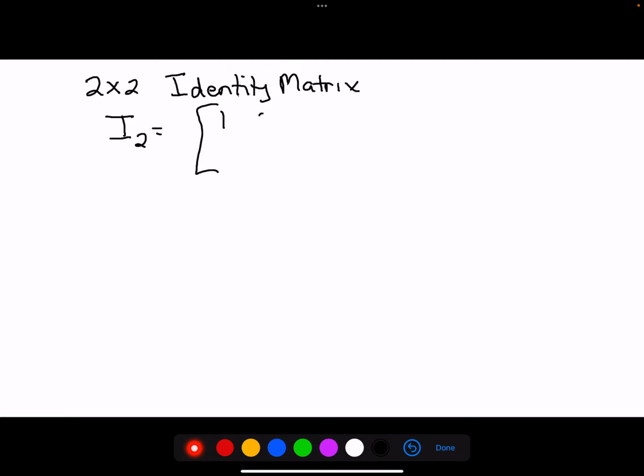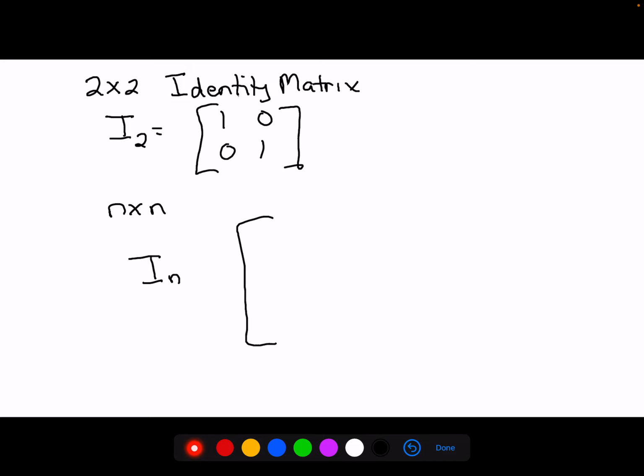If we're talking just a 2 by 2 matrix, it'll look kind of familiar. You could say I sub 2. Your identity matrix is going to have the main diagonal be 1s and everything above and below it be 0s. In fact, if you're doing n by n, the identity matrix for an n by n matrix, you're going to have 1 with 0s underneath, then that diagonal, so you just keep going down.